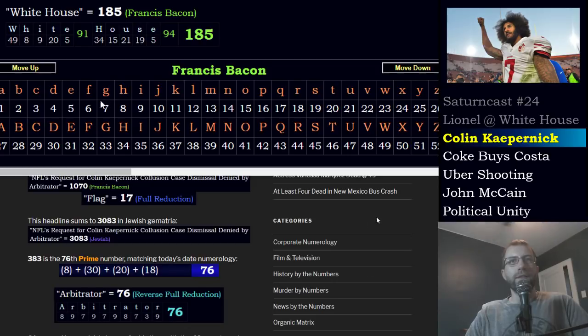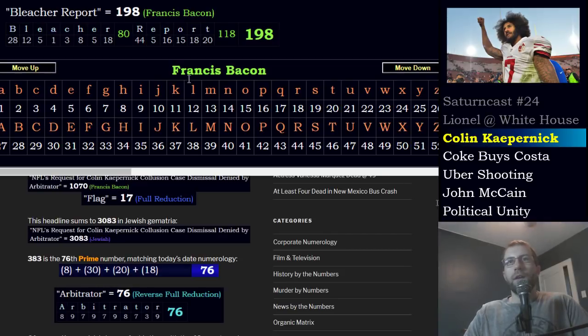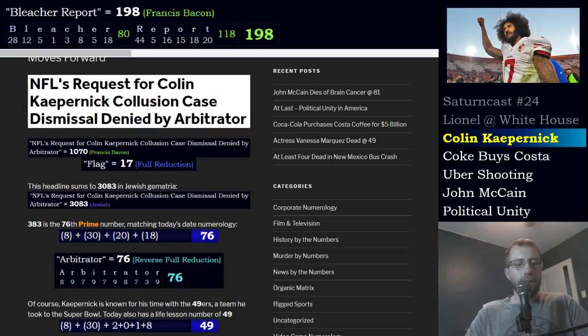The Francis Bacon method is also another very logical cipher. All we do is add 26 for every capital letter. So small a through z is 1 through 26, large a through z, 27 through 52. So in this method, the headline sums to 1,070.